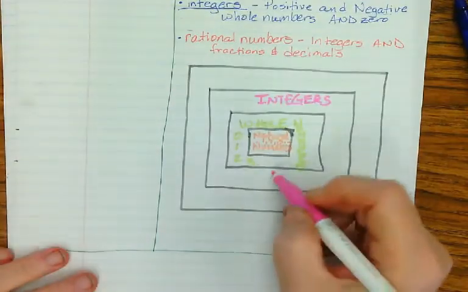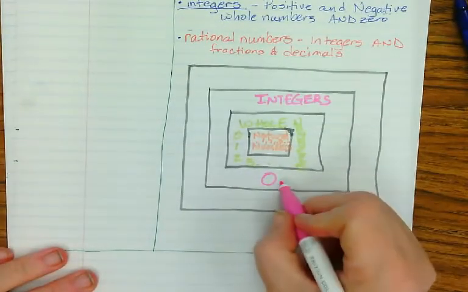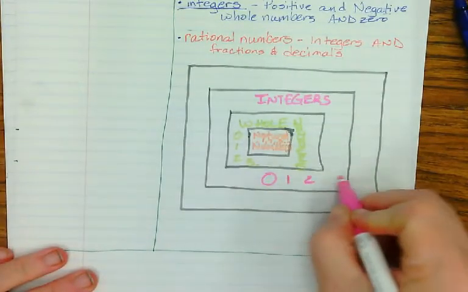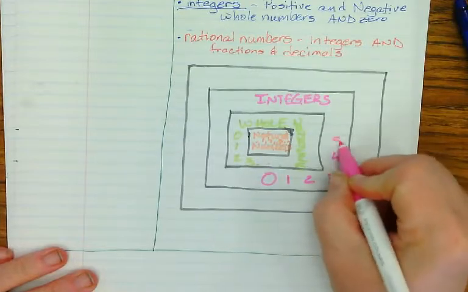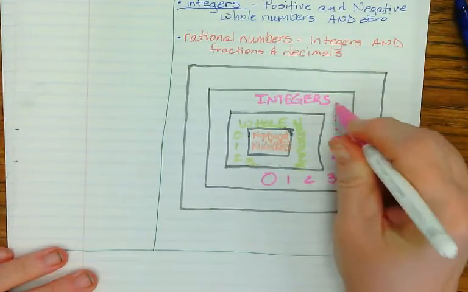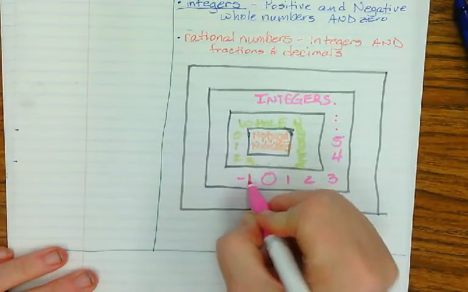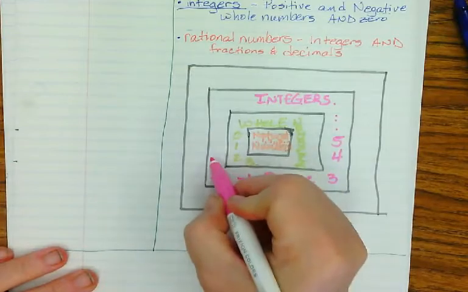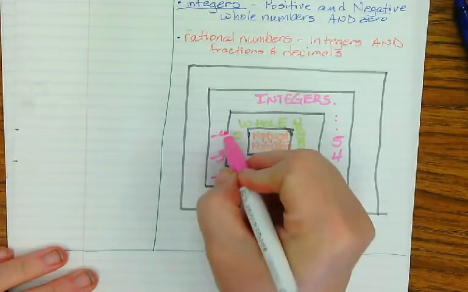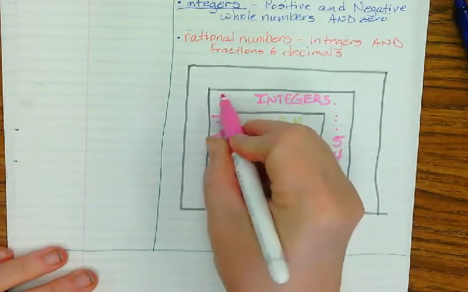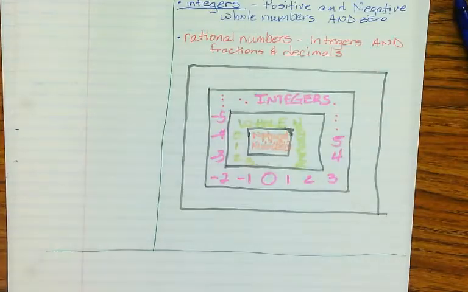Okay? And your integers, remember, you got 0, 1, 2, 3, 4, 5, and so on and so forth. And you've also got -1, -2, -3, -4, -5, and so on and so forth. Okay? Those are your integers.